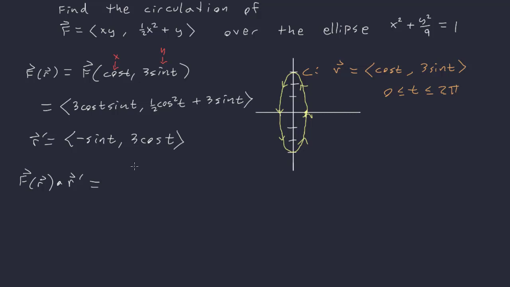Okay, so we'll multiply the first two components together to get negative 3 cosine t times sine squared t. Great, and now we're going to take these two components and multiply them together. So it's going to be a plus 1/2 times 3, so that would be 3/2 cosine cubed t, plus, now that will be 9 sine t cosine t.